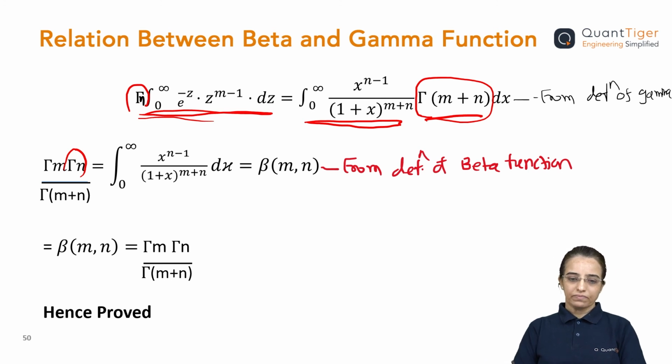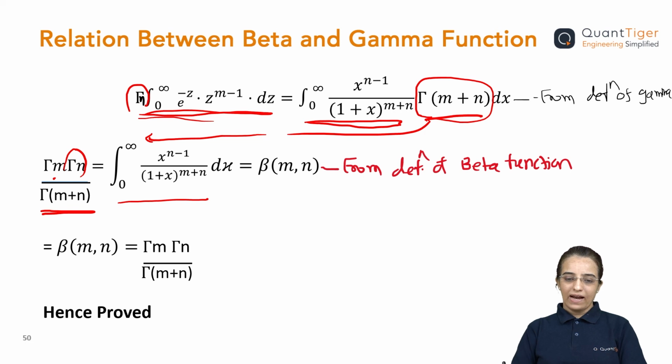Now after taking this whole term to the left hand side, what we will get is gamma m upon gamma n upon gamma m plus n, and on the right hand side we will be just left with this integration sign. Now if you look at the beta function definition, one of the beta function definitions says that this is what we have for beta function.